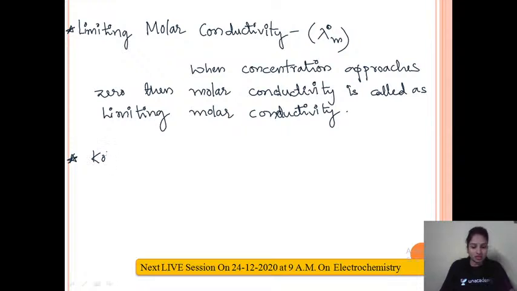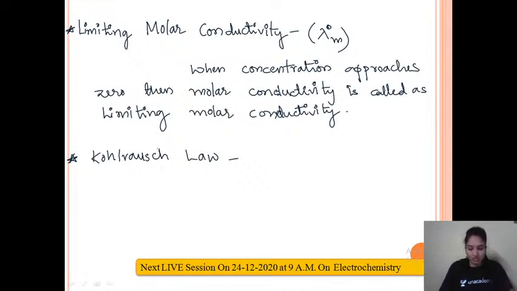Kohlrausch's law. To calculate the limiting molar conductivity of any particular solution, the law we use is Kohlrausch's law of independent migration of ions. In short, you can call it Kohlrausch's law, or it is also known as Kohlrausch's law of independent migration of ions.